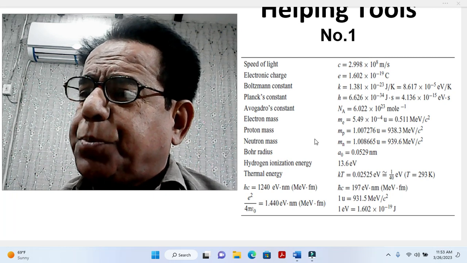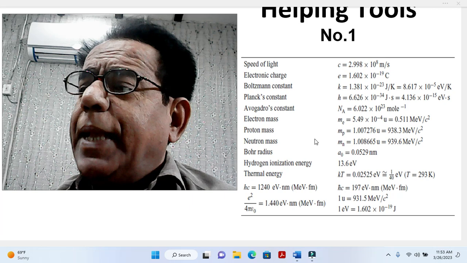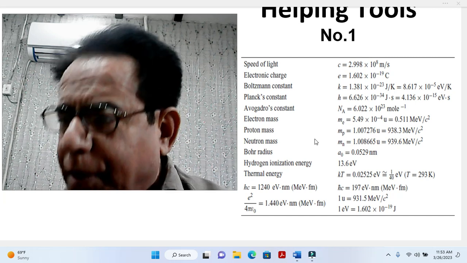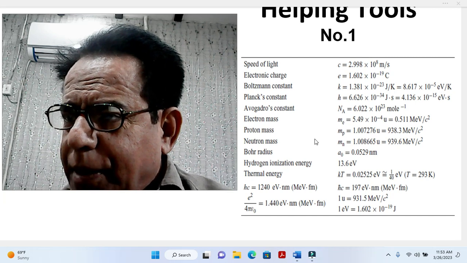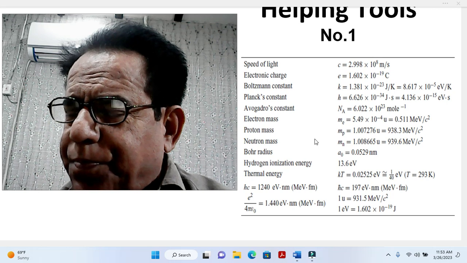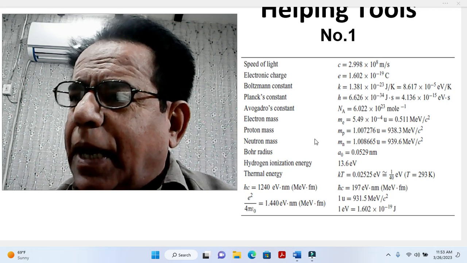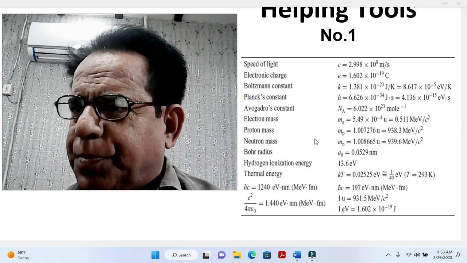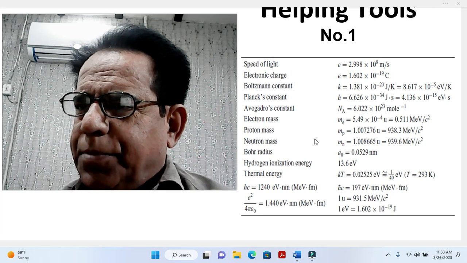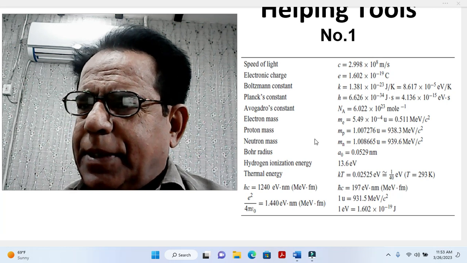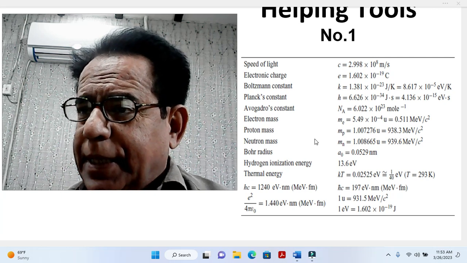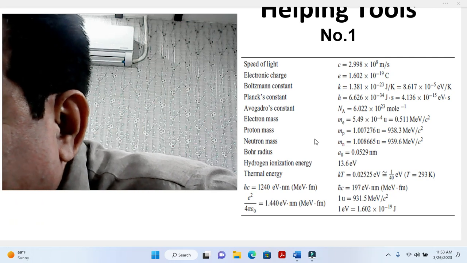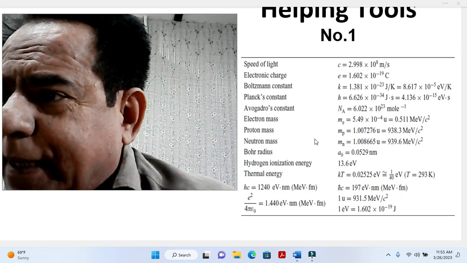Similarly hc is given as 197 electron volt nanometer, or in terms of million electron volt femtometer. Perhaps, dear students, this is h cut c. First is hc and the second is h cut c.